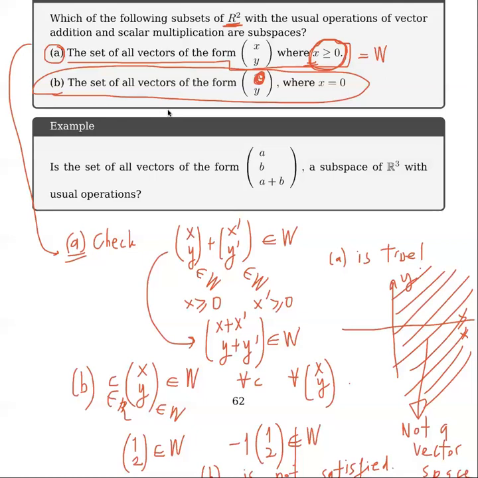Okay, answers, please. What do you think? Is this a vector space or not?